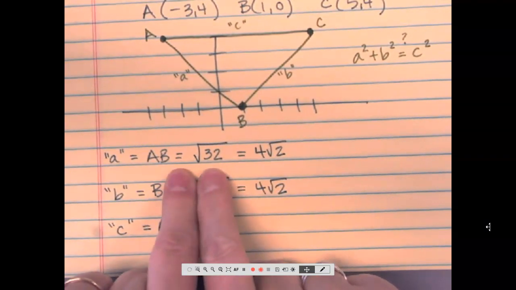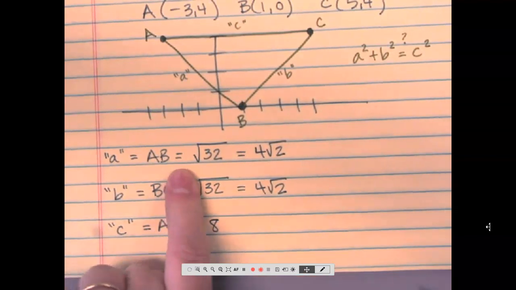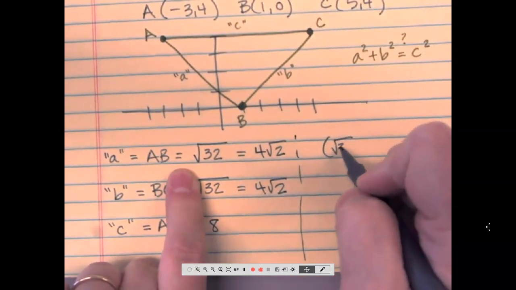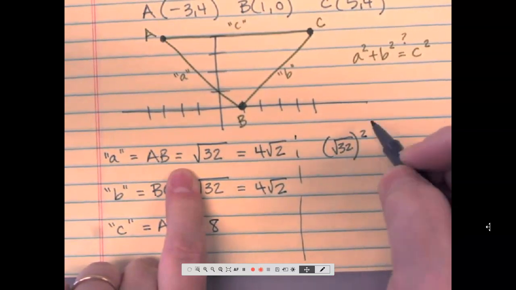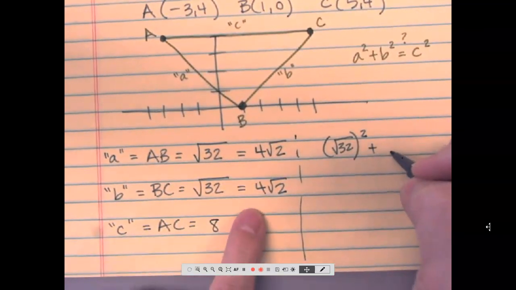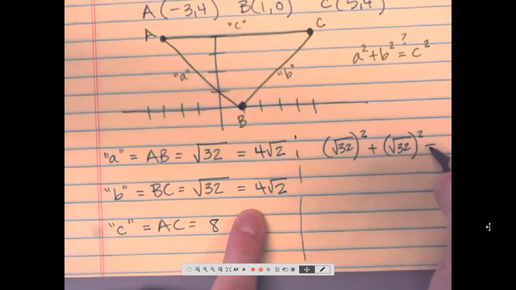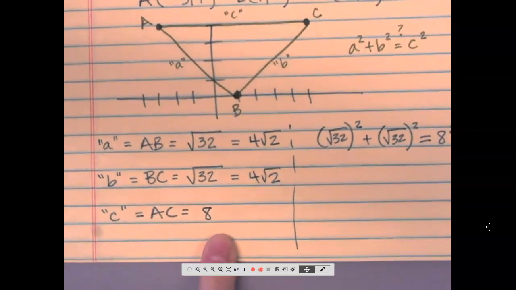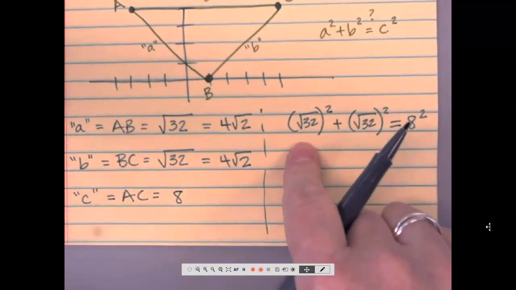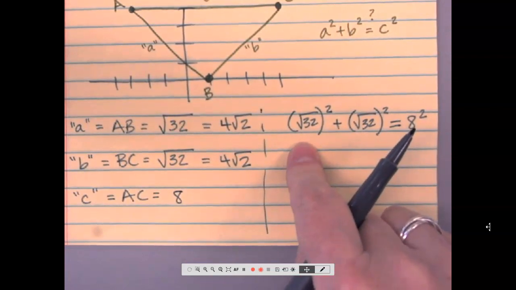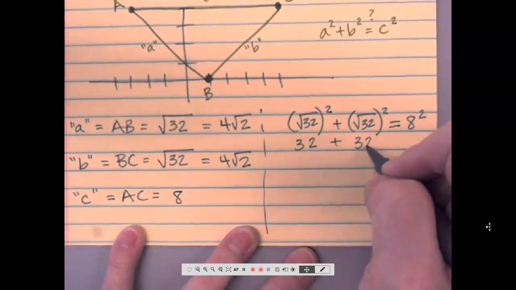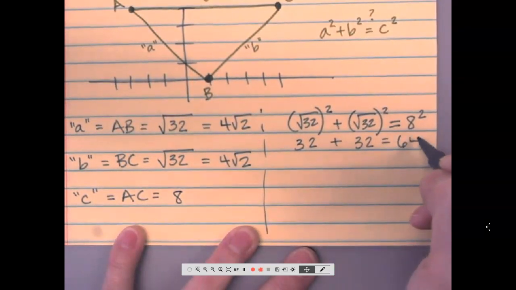Yeah, I would use this length subbing it into the Pythagorean theorem. That's much easier. I could say square root of 32 squared, that's your a squared, plus square root of 32 squared, that's your b squared, does it equal c squared, which is 8 squared. Okay, what do I get when I square the square root of 32? 32. 32 again, and 8 squared is 64.